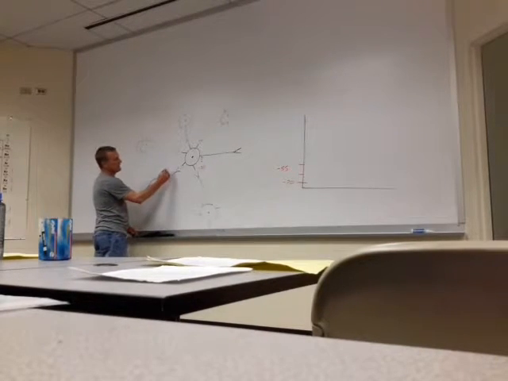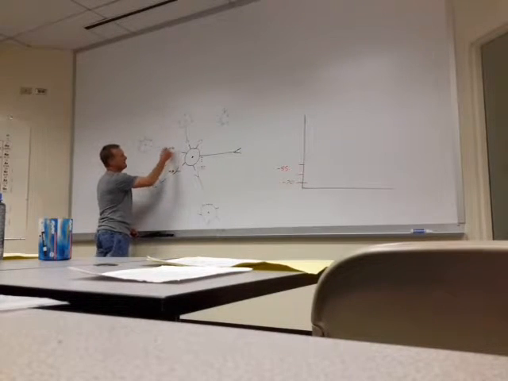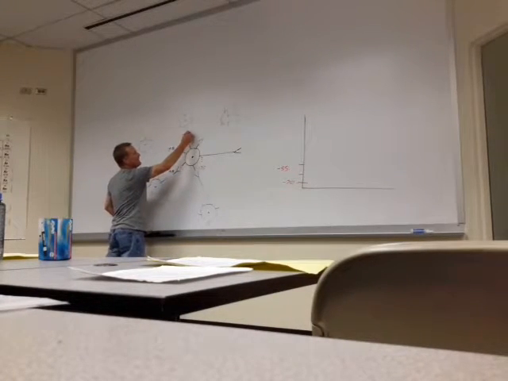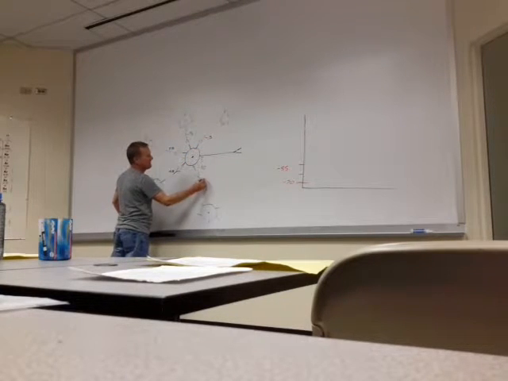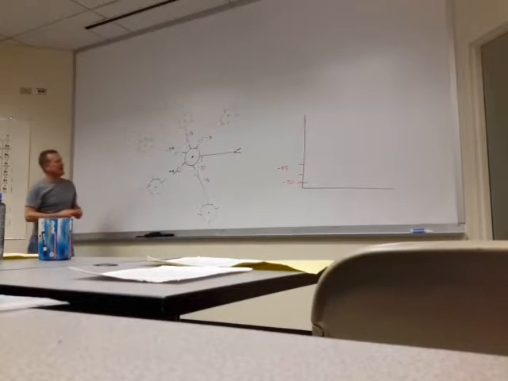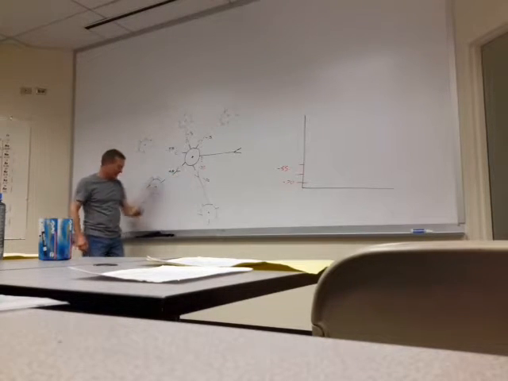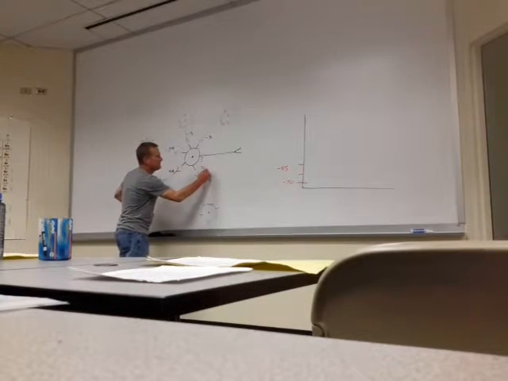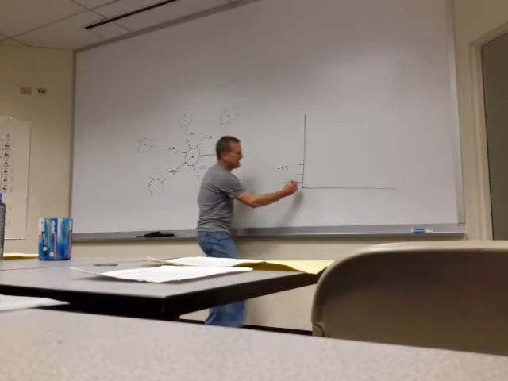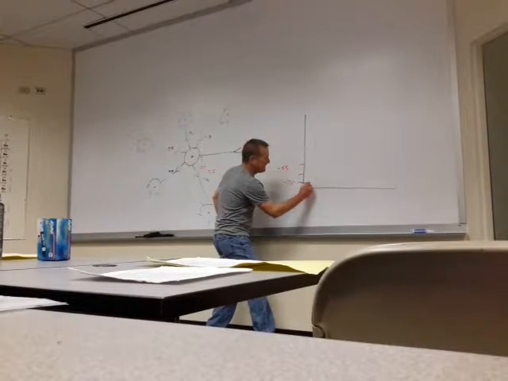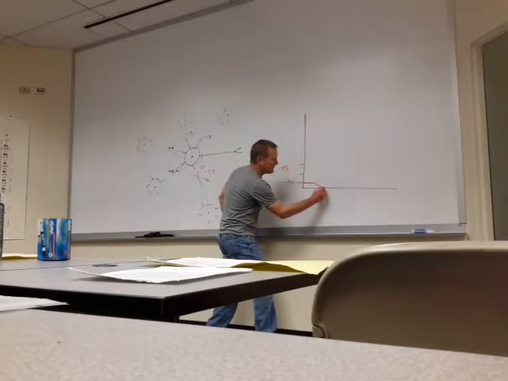So let's say we go +5, +5, -5, -5, -5, all simultaneously. So what's that do to this number? -75. So we're resting at -70, and we go down.